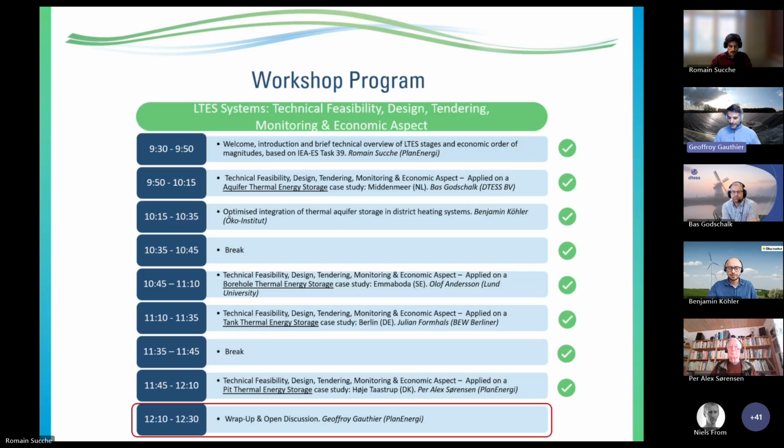Yeah. I have one last question. I'm going to try to involve most of the speakers from today. Seeing the presentation from Julian in Berlin, I think it's a surprisingly small tank thermal energy storage capacity we have, even though it was, when it was built, the biggest TTES in the world.